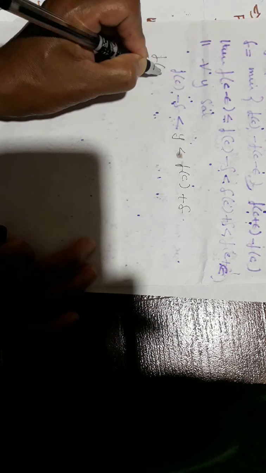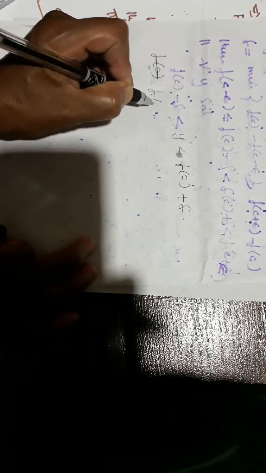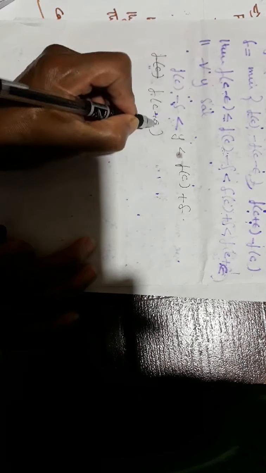So hence for all y satisfying f of c minus delta less than y less than f of c plus delta, because y lies between these two, it implies that f of c minus epsilon is less than y, which is less than f of c plus epsilon.